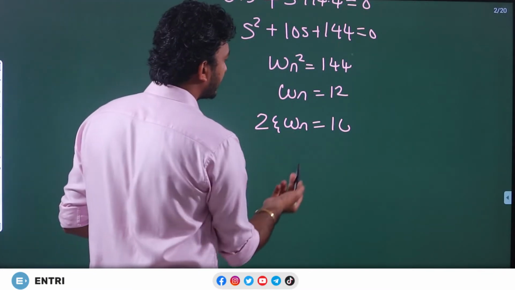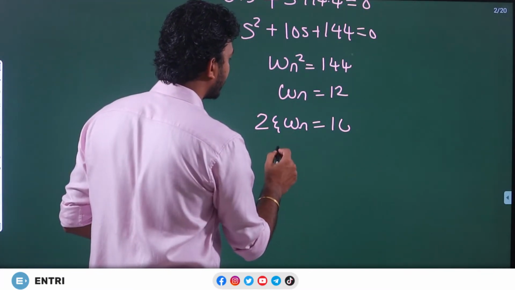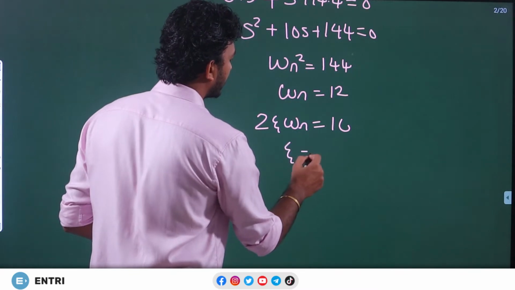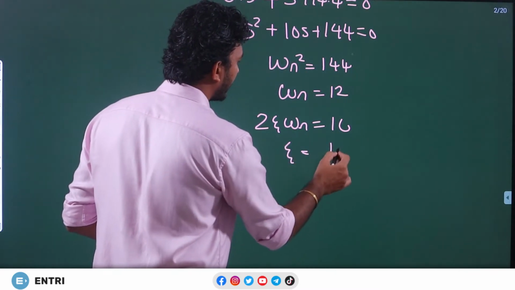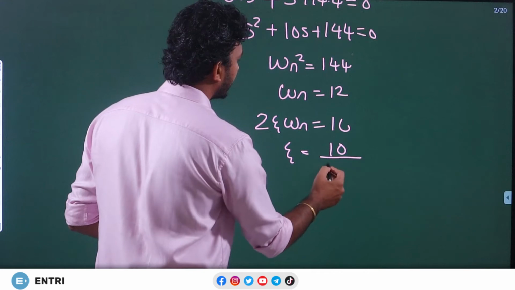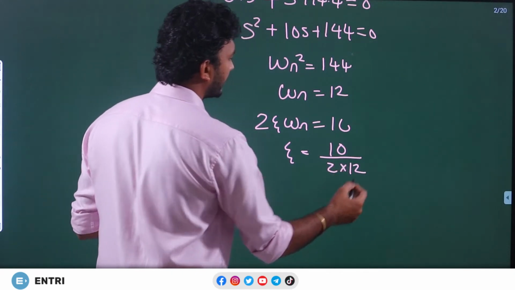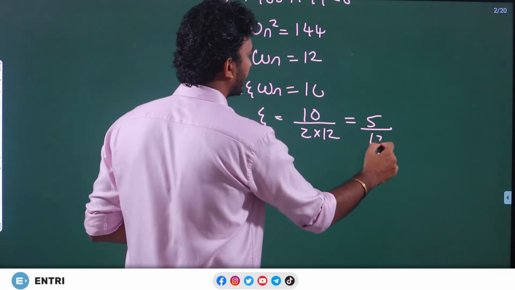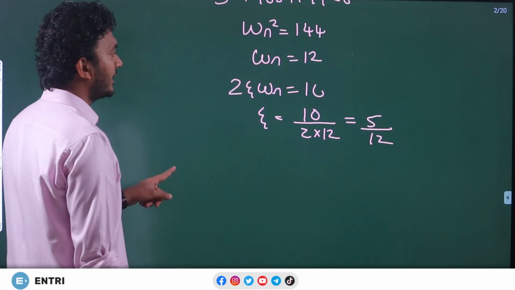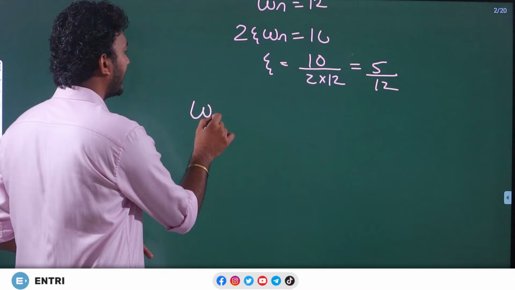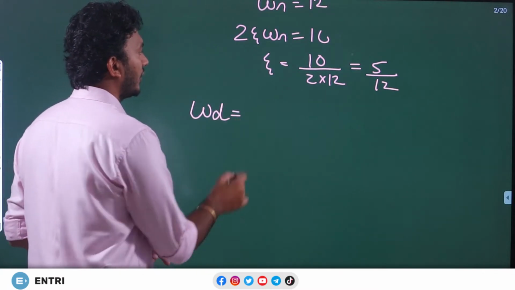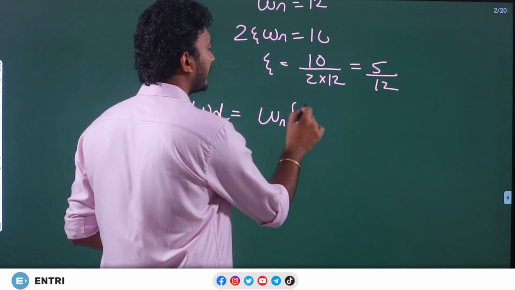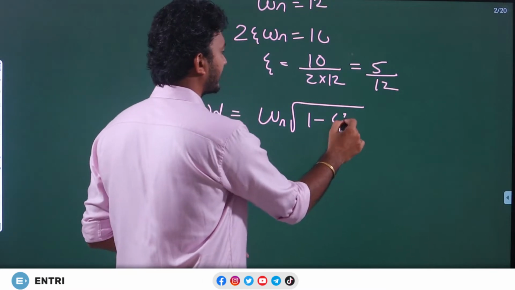So, omega n is 12, now zeta is 10 divided by 2 into 12. So, you have got 5 by 12. And now finally, what is the damped frequency of oscillation? Omega n into square root of 1 minus zeta square.